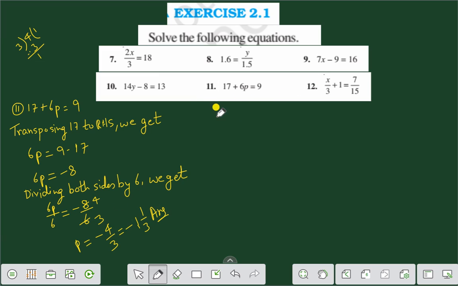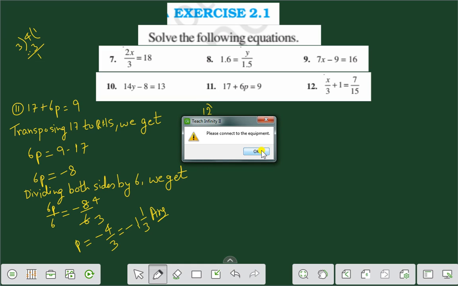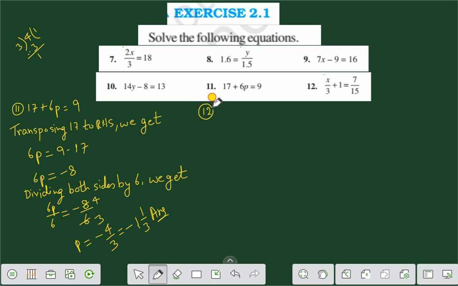Now see question number 12 is this one. Question number 12 is x by 3 plus 1 is equal to 7 by 15.